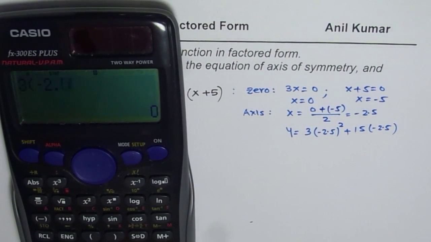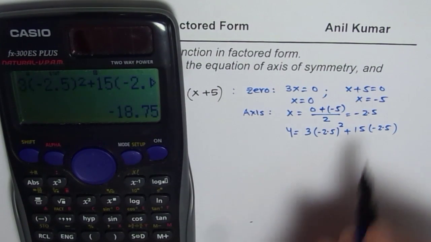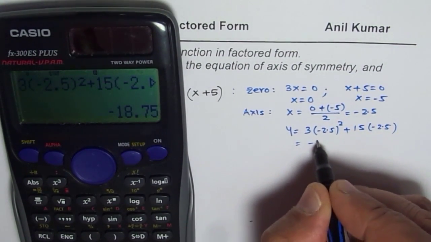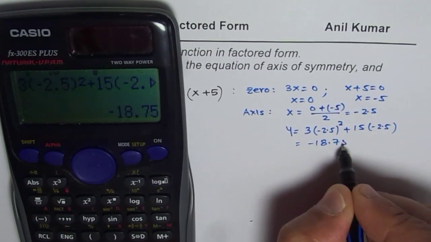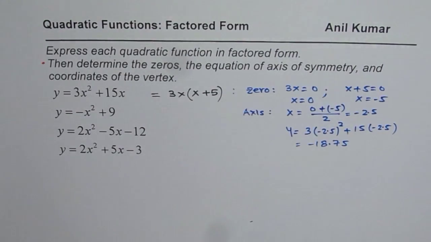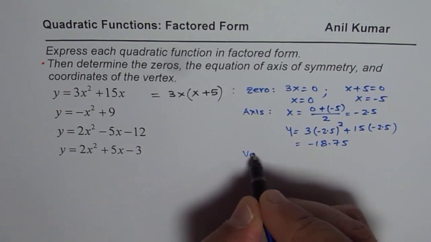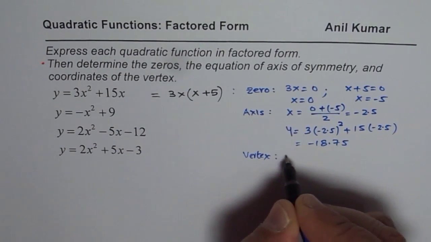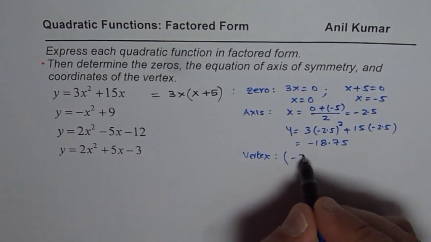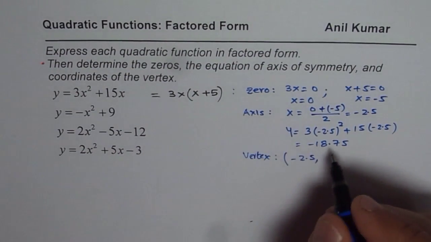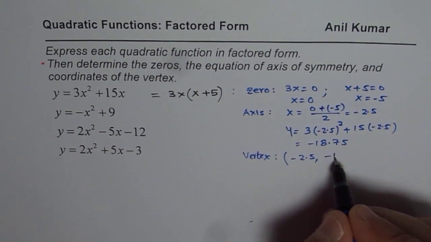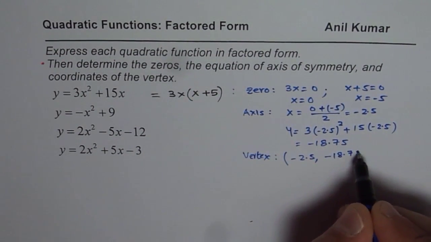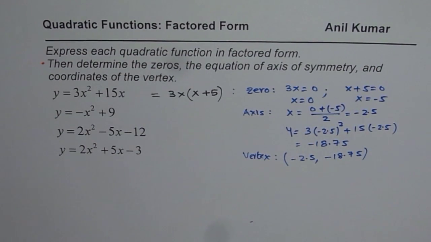Minus 2.5 whole squared times 3 plus 15 within brackets minus 2.5 gives us the y value minus 18.75. And so we know what the vertex is. For this equation, the vertex is going to be at an x value of minus 2.5, which is always on the axis, and the y value of minus 18.75. So that gives you the parabola.